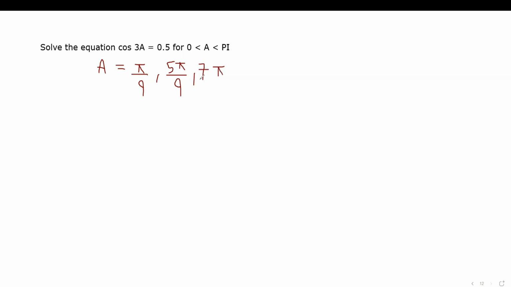Then the second thing that we just proved is that cos 3a was equal to 4 cos cubed a minus 3 cos a. This is also going to be critical to help us answer our questions.